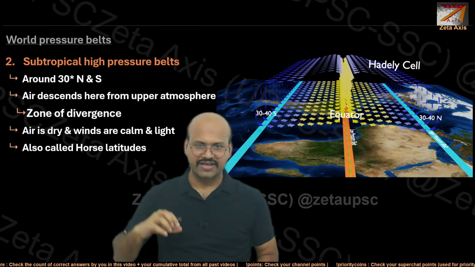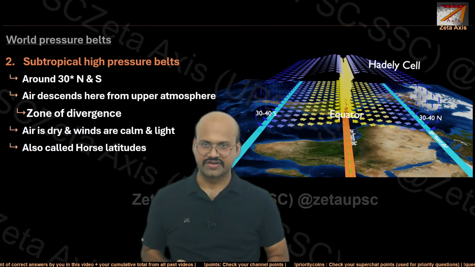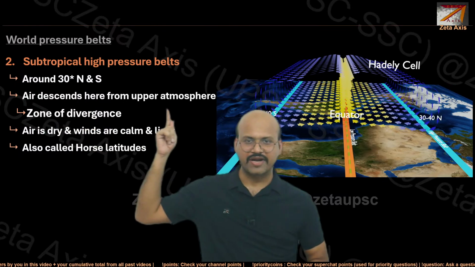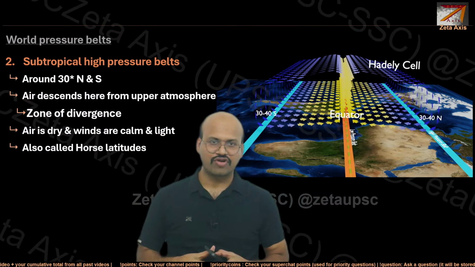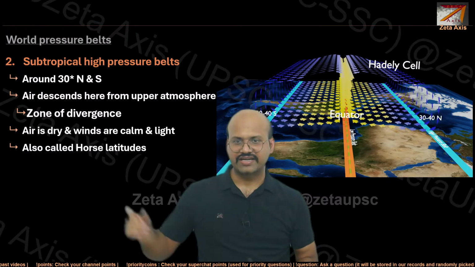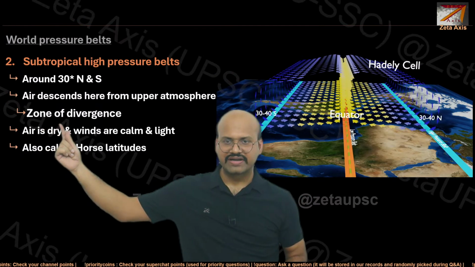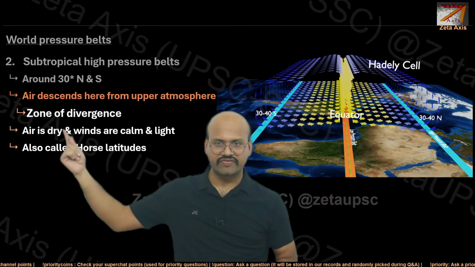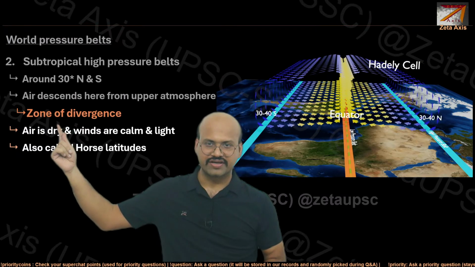So it is located around the 30° latitude in both the hemispheres, and air descends here from the upper atmosphere. So basically air from the upper atmosphere will come towards the surface, and that is why it is a zone of divergence. It is called a zone of divergence because the air over here is moving away.